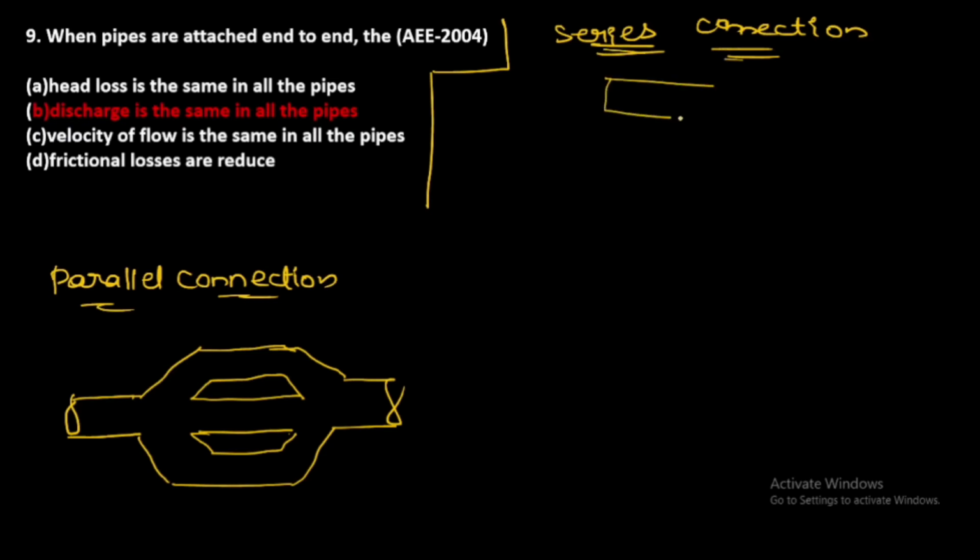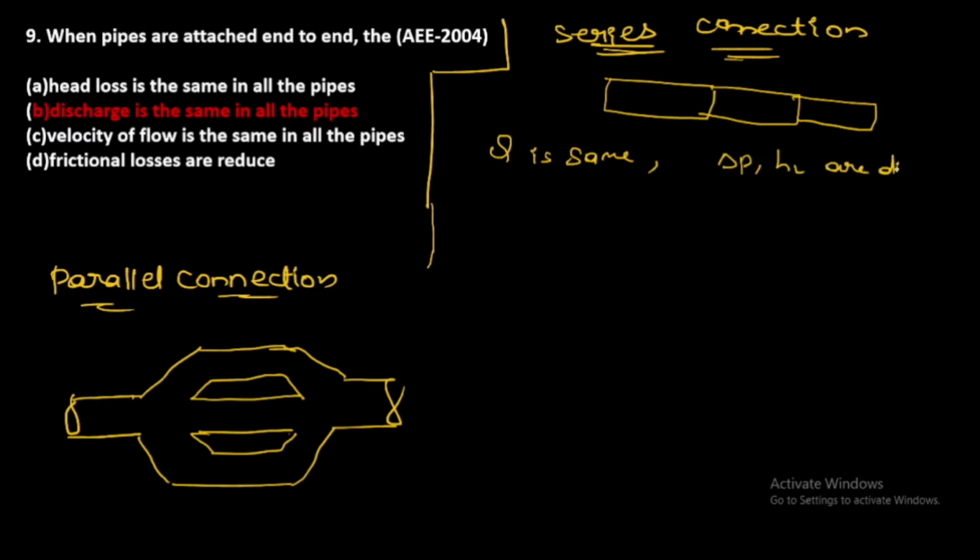So the pipes are attached in series form. In series, the condition is that the discharge Q is the same in all the pipes, whereas pressure and head loss are different in each pipe.